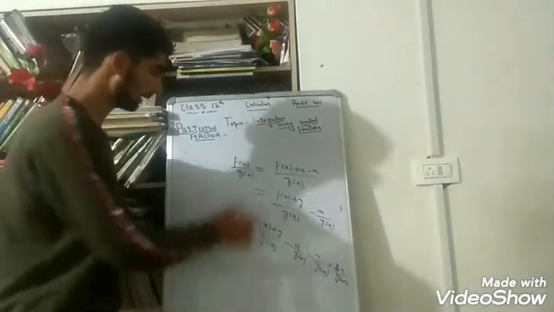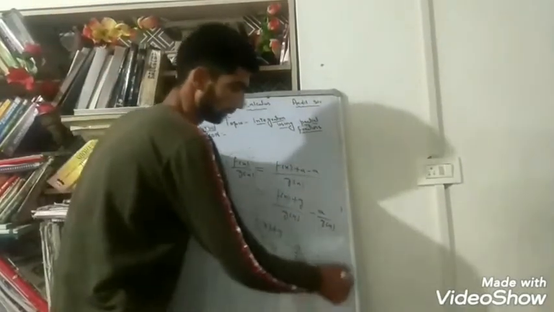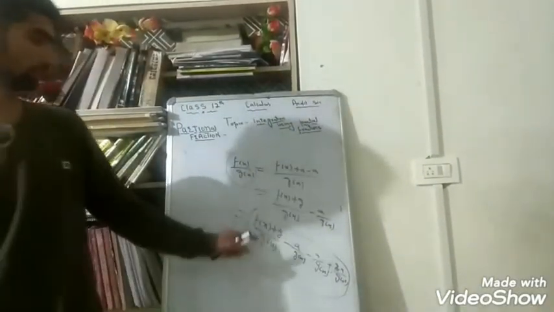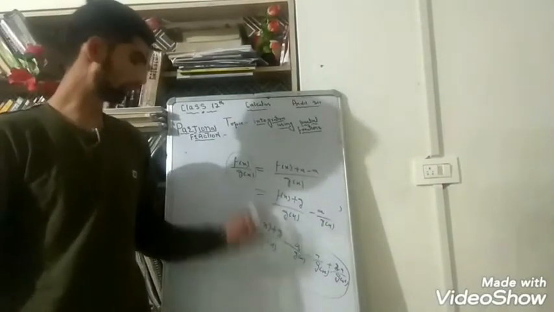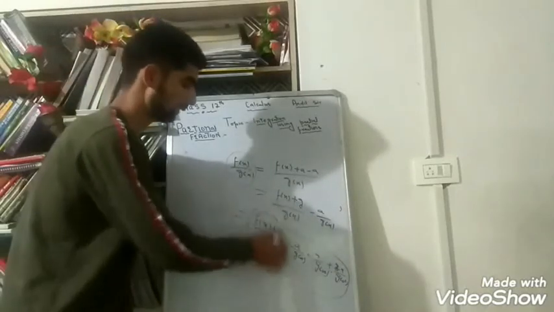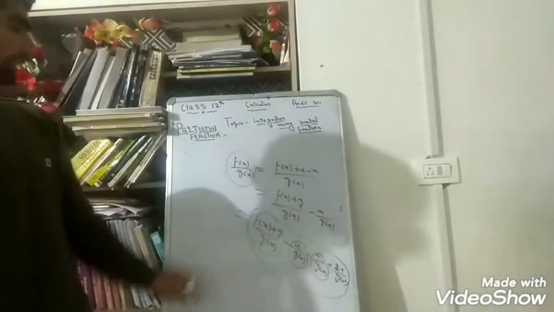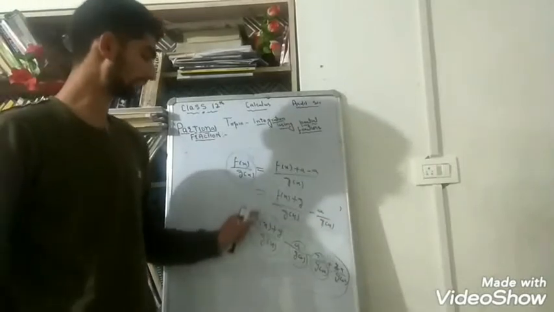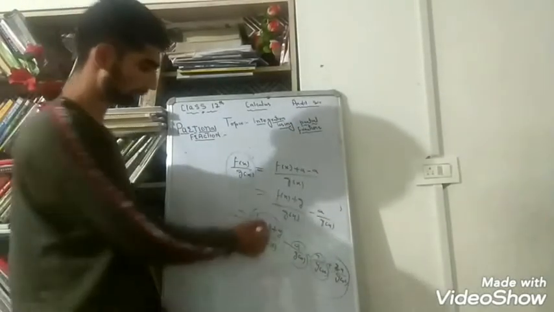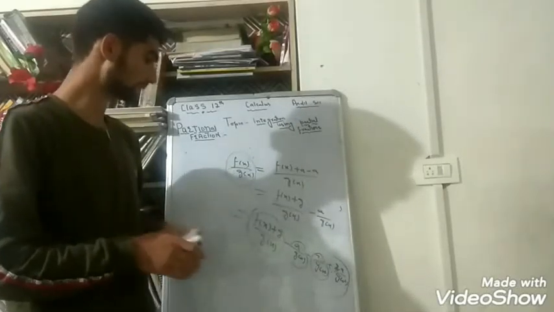So I am expressing a proper fraction in terms of several fractions, each having denominator g(x). These fractions are called partial fractions. So every proper fraction we can express as a sum of rational fractions, and each rational fraction is called a partial fraction. We'll write its definition.